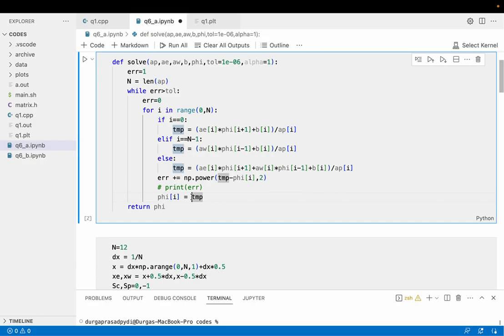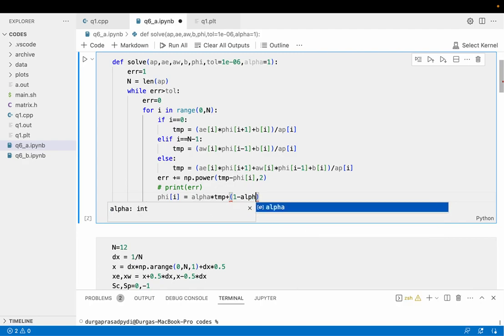The idea is when you are doing under relaxation or over relaxation, you do not want to take the complete update as it is. So what you would do is you just take a partial value, and then the remaining from the previous one.